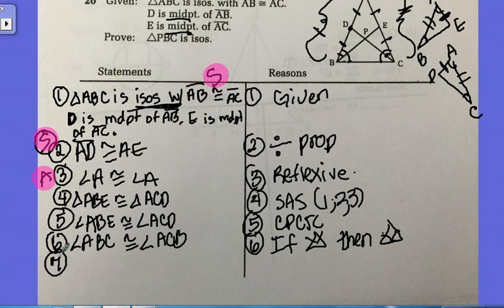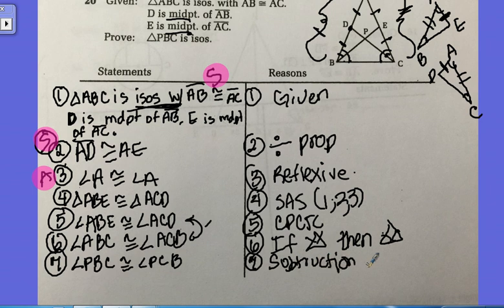And then statement 7, we're going to state that we're going to subtract this from these two. Okay, so we're going to subtract this one minus that one. So we can say angle PBC is congruent to angle PCB through subtraction, step 7 minus step 6.